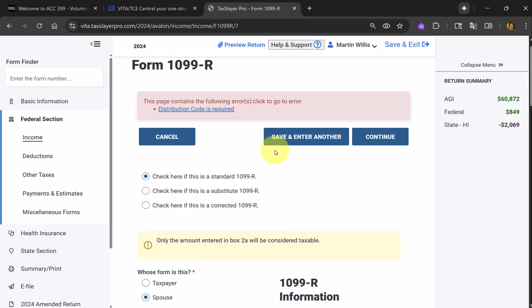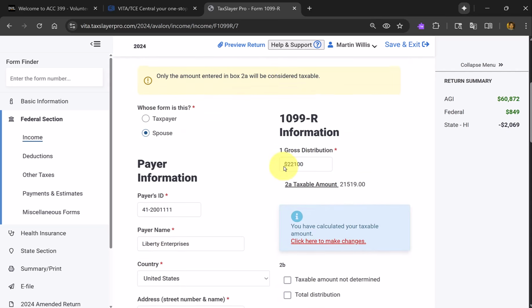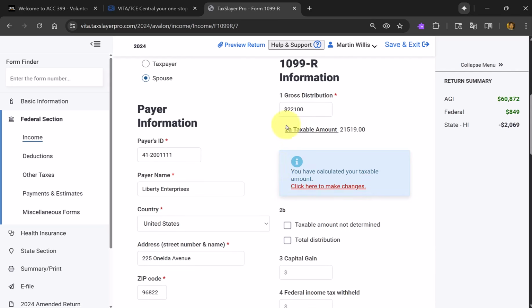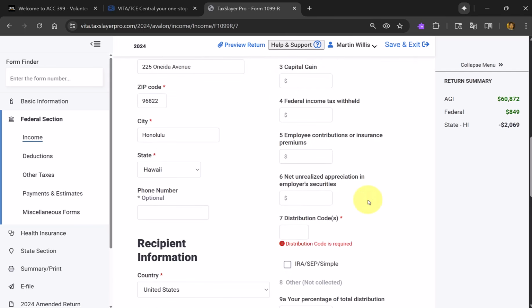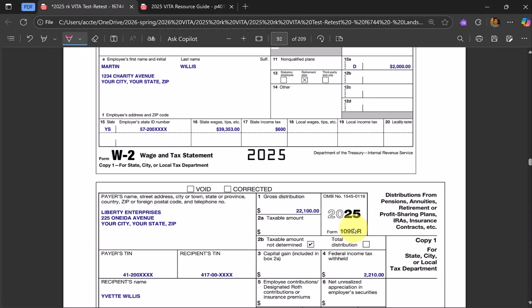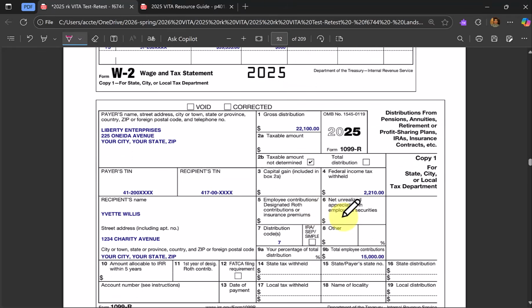Okay, distribution code. That's something I forgot here. I got the gross. We just came from this link. The distribution code is in box 7 right here. So I got to go back to my tax form. Let me show you that. Probably need to check off this box here, pick up this withholding and this code right here.